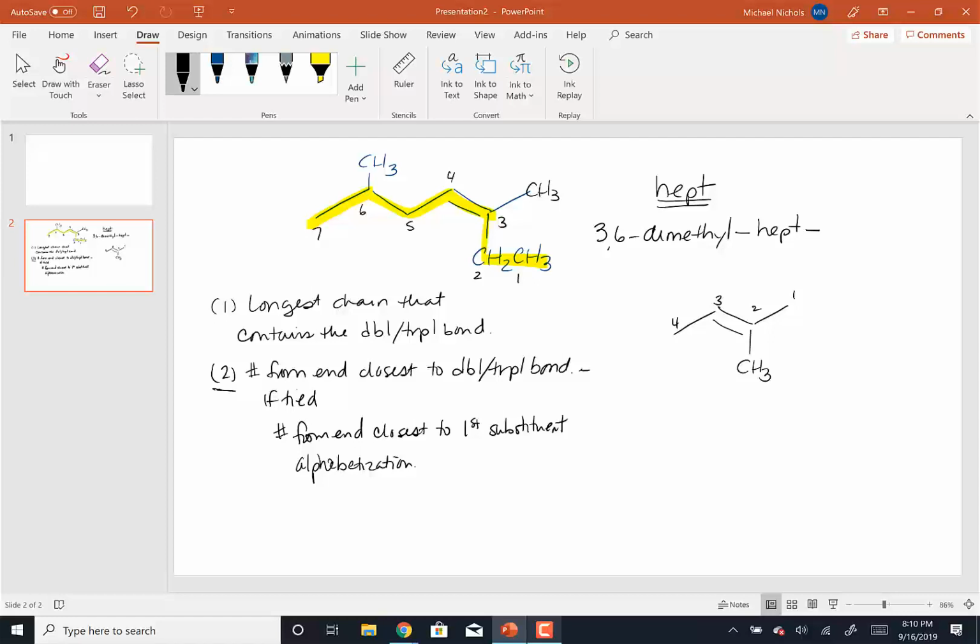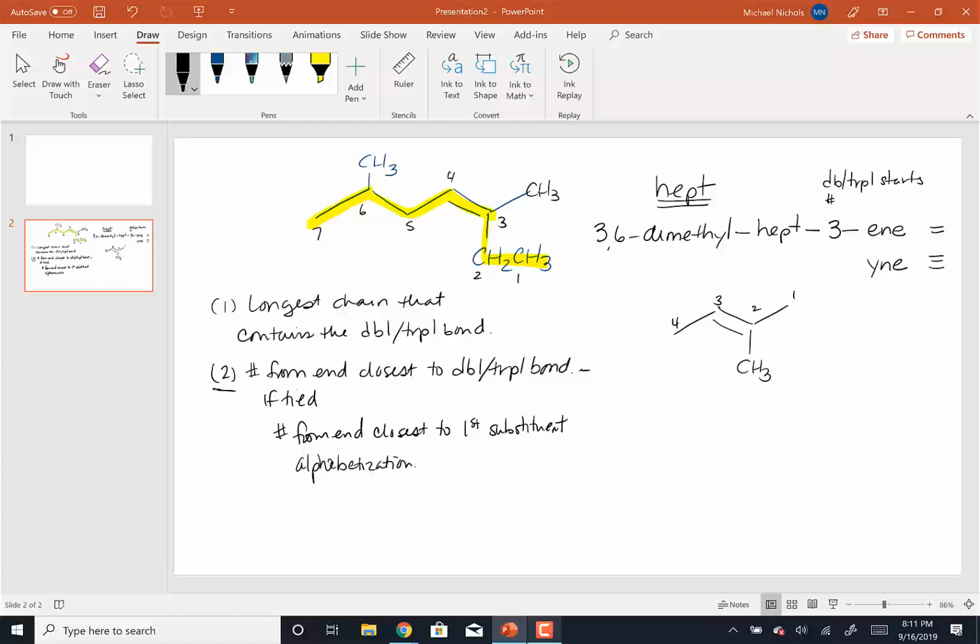We put the number where the double or triple bond starts, which in this case would be 3. And then if it's a double bond, we put an ene. If it was a carbon-carbon double bond, that's the suffix. If it's a triple bond, we would have an -yne. So the name of this molecule would be 3,6-dimethylhept-3-ene.